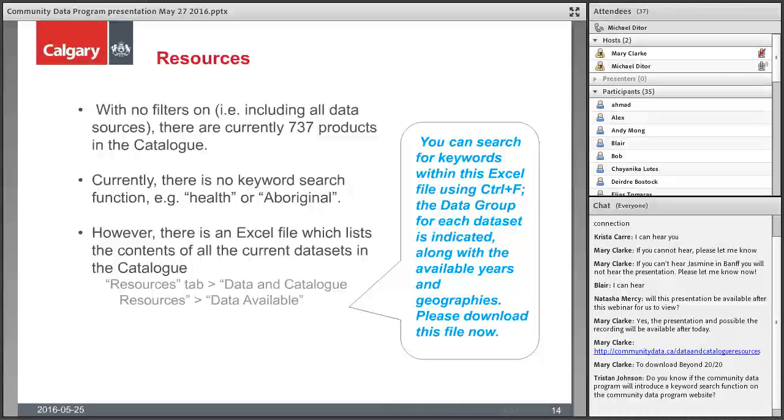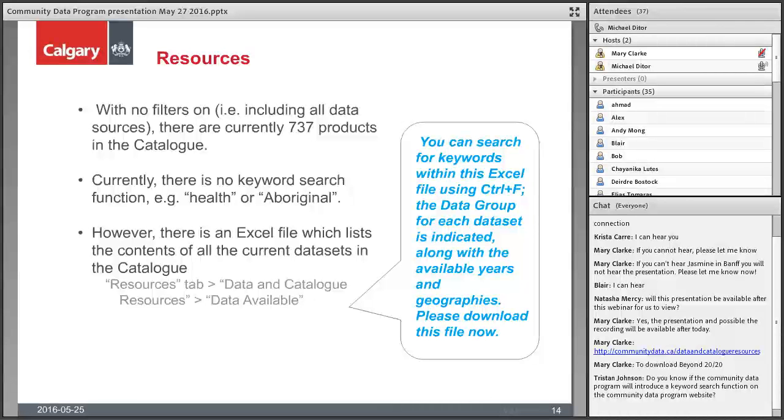So I think Tristan, your question is about whether we will introduce a keyword search function onto the Community Data Program website. It's my understanding that we're working on that, but that it's tricky, so it may take a little while. The ultimate goal is to have better searchability by keyword or by topic, and possibly also by variable, so very detailed.